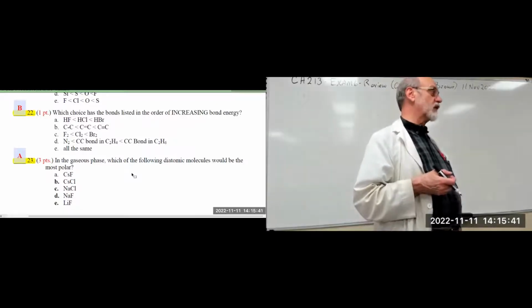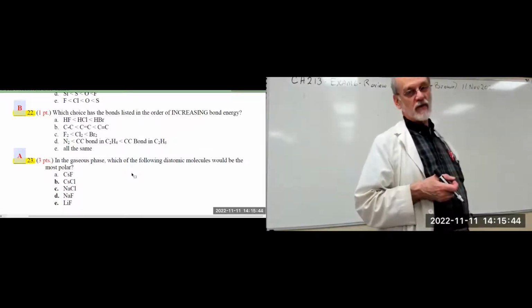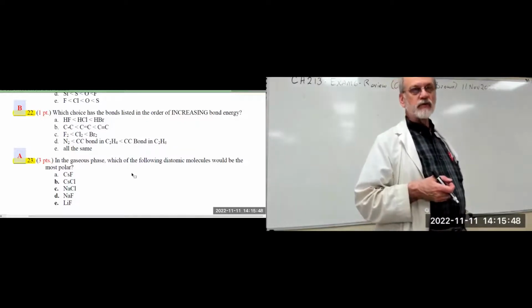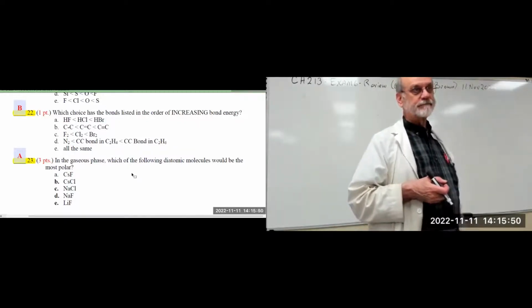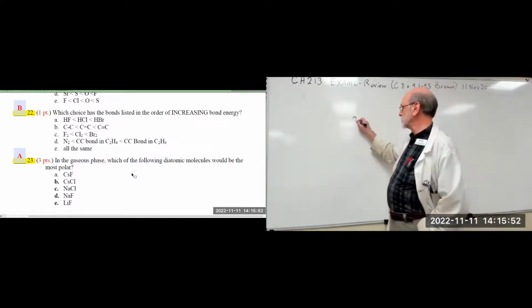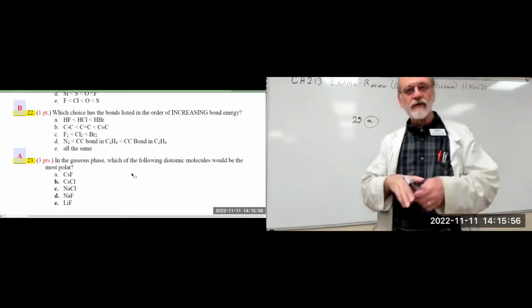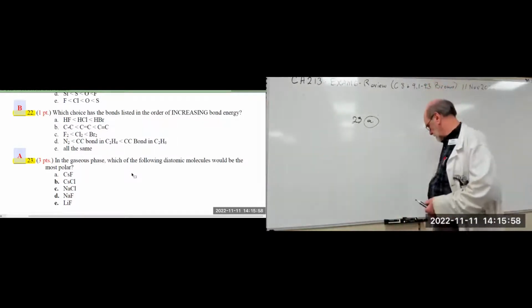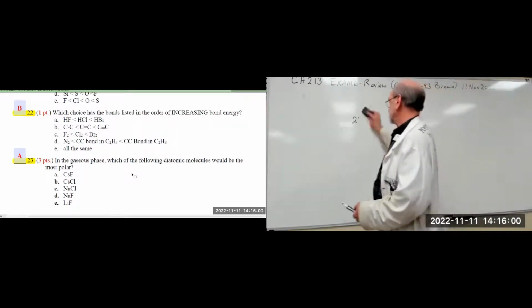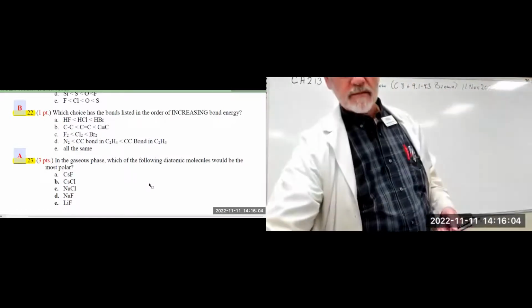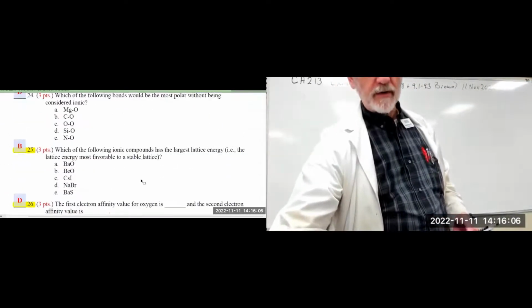Cesium is way down in the lower left-hand corner and fluorine's in the upper right-hand corner. That should be the most polar. Cesium fluoride should be the most polar molecule out of all those. We could go through them one by one, but I think we'd probably use too much time doing that.